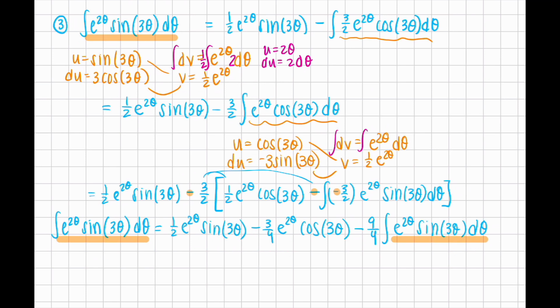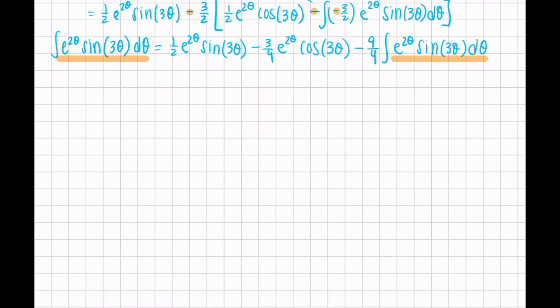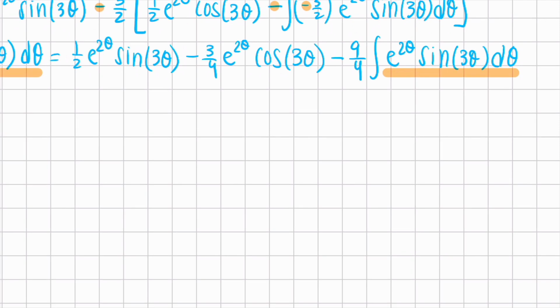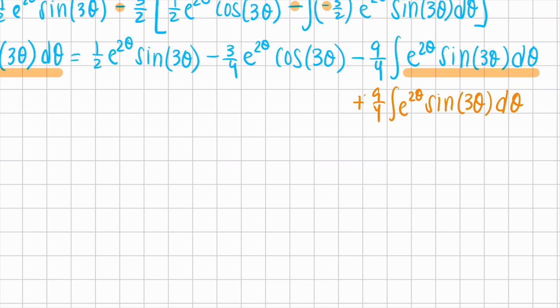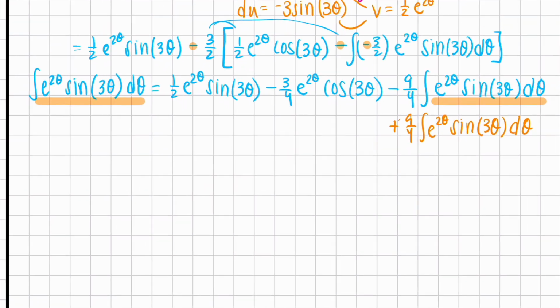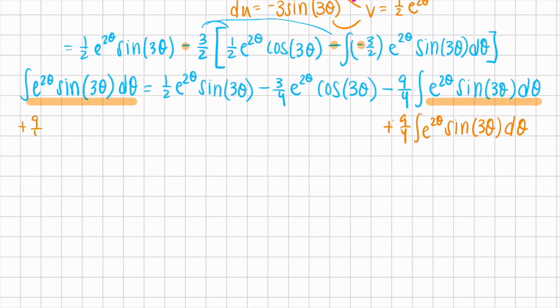So we called this a loop when I learned it way back when, but what you want to do at this point is I can add 9/4 e to the 2 theta sine of 3 theta d theta to both sides of my equation. And then I can solve for my integral, and that'll give me my answer.